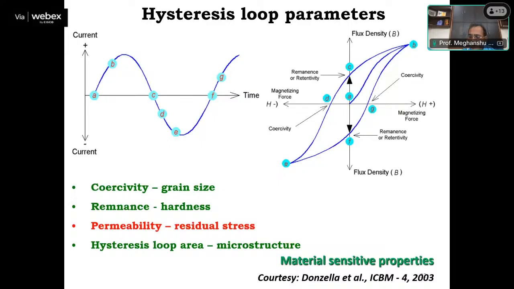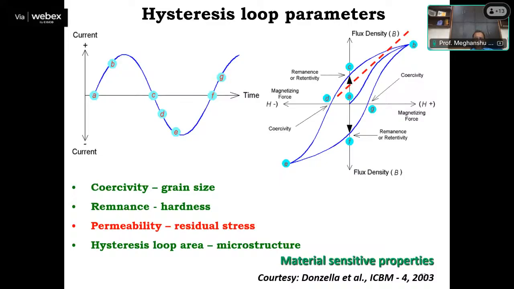One important property is permeability. What is permeability? If I draw a tangent, see the red color tangent, at the knee of the hysteresis loop, then the slope of this tangent will indicate the permeability, and this is directly correlated with the residual stress.